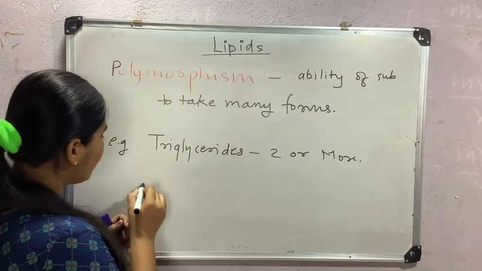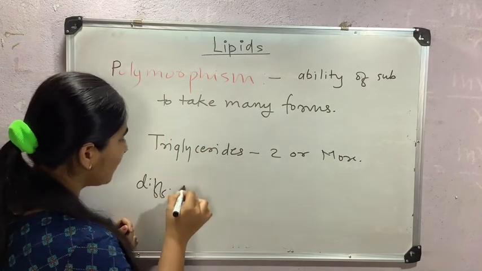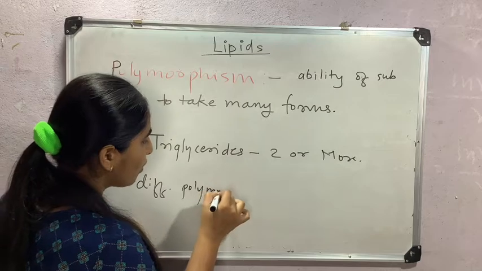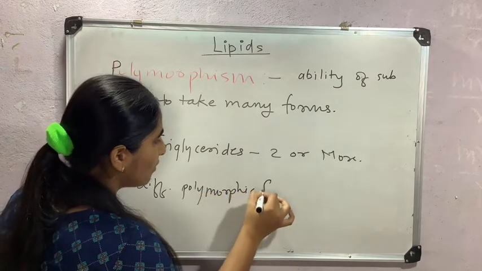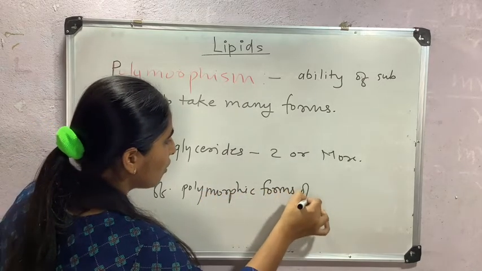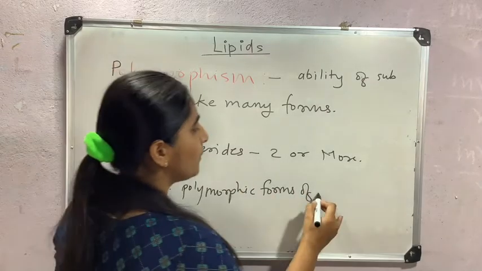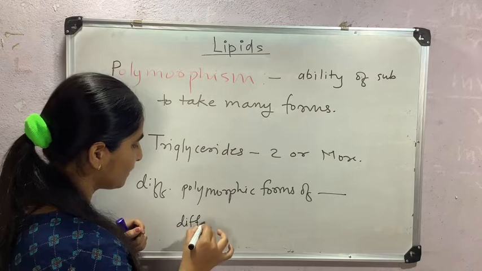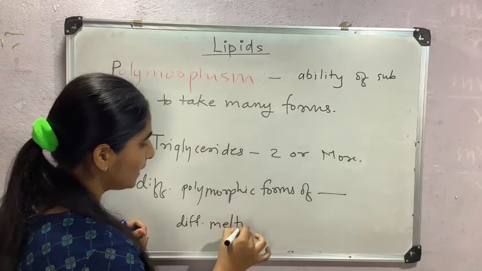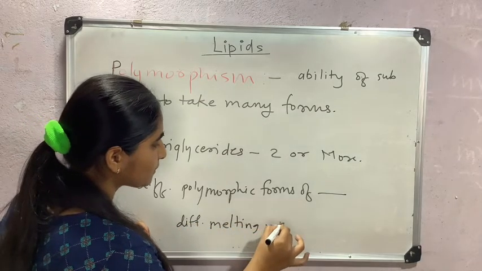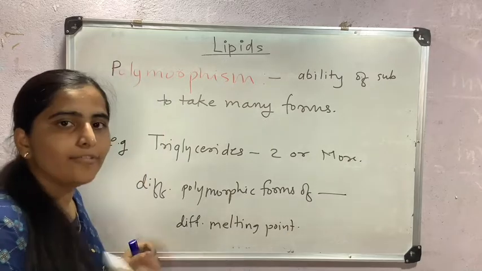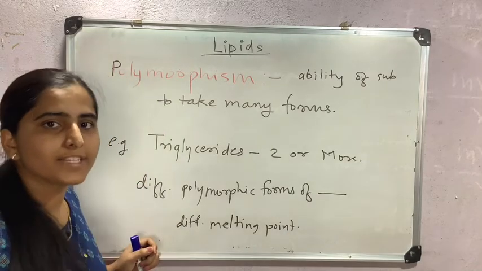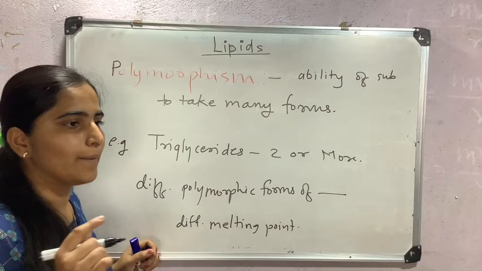Then these different polymorphic forms of the triglyceride have different melting points, and different X-ray diffraction patterns and IR spectra.